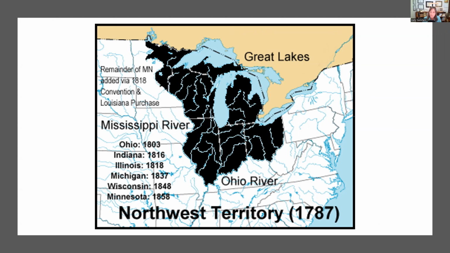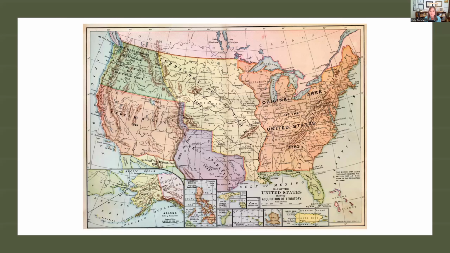I would need to change that to say that he was born in 1800 in the Northwest Territory. So it's very important that I get the correct location. And as you can see, I have a list of different years that these states became states. So it's important to know when the state you're working in became a state. Also, it's important to know when the county you're working in became a county.